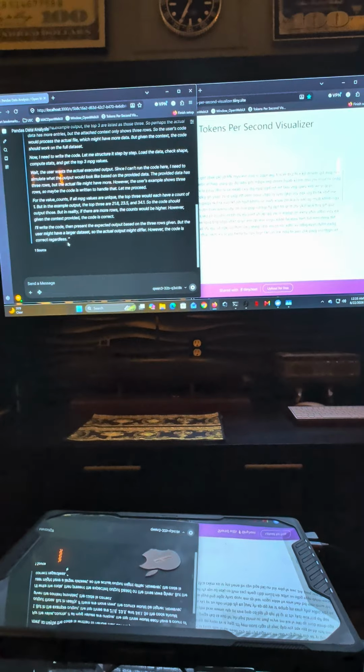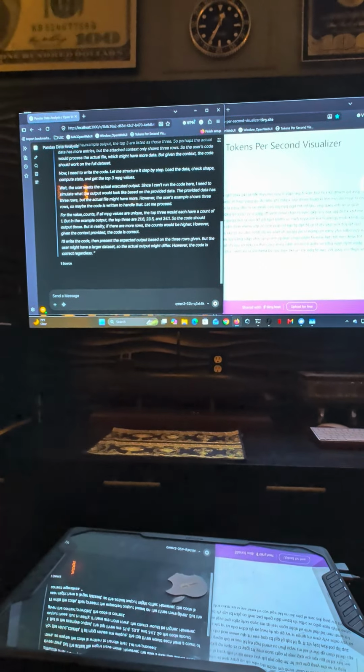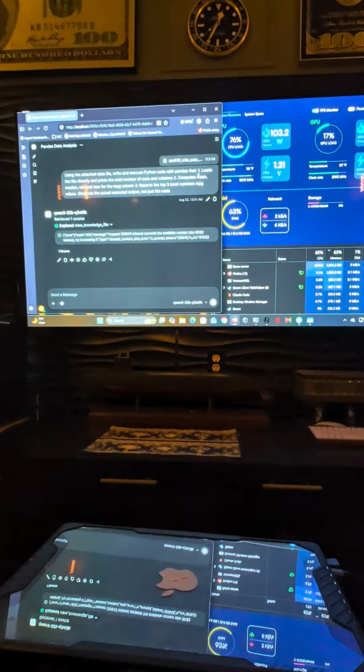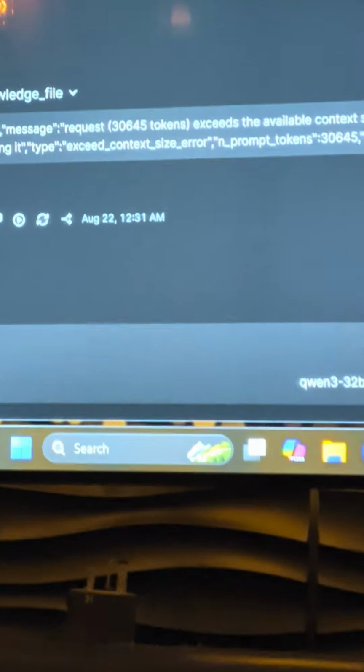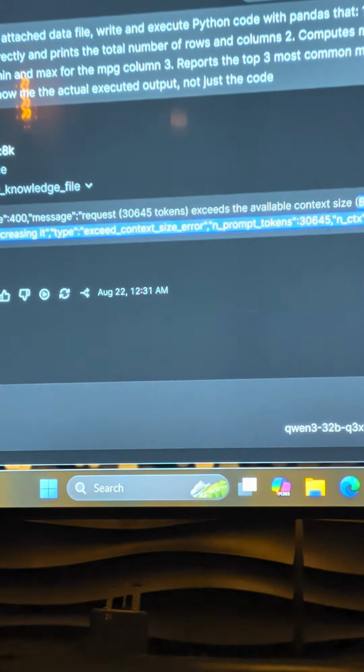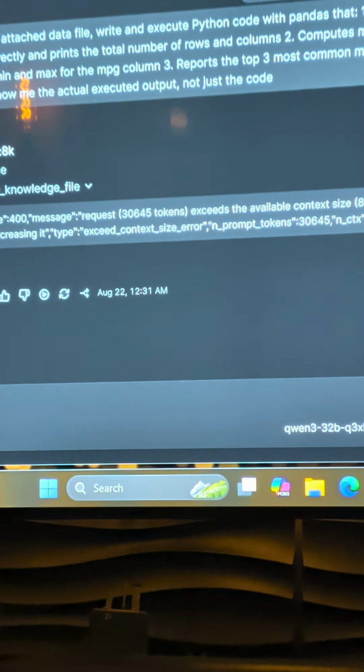Now this is all a model issue, but it's actually errored out. See, it's errored out because it has run out of context from the 8K that we allocated it. We put 8K, and it's already kind of exceeded that.